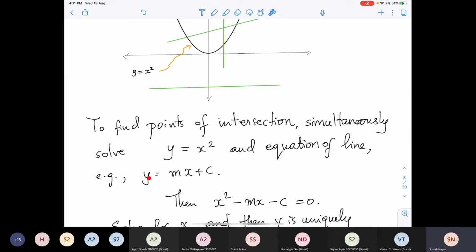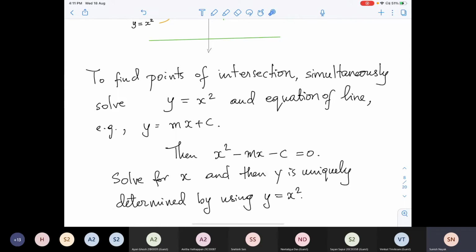And so, of course, when you are trying to simultaneously solve these two equations, you will immediately notice that these are both y. So you can put this equal to this. And that gives you this equation, a quadratic equation purely in x: x squared minus mx minus c equals 0. Here, m and c are some fixed constants.